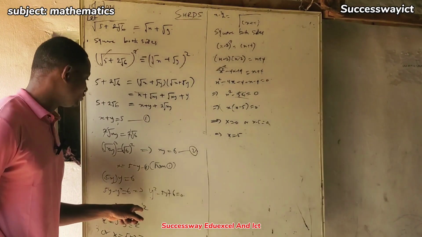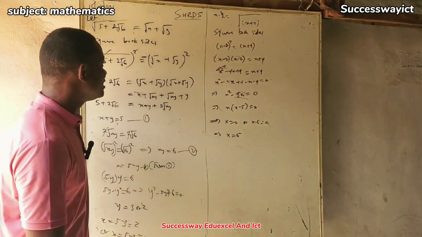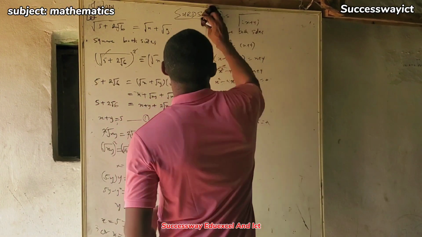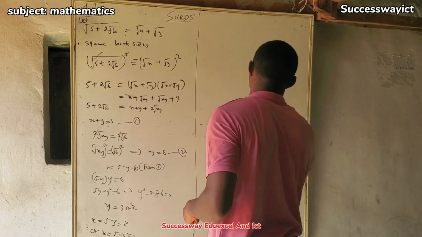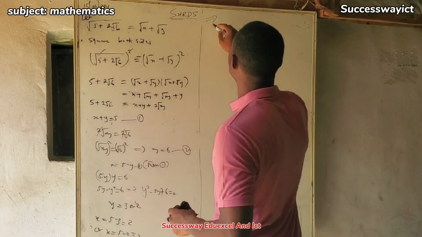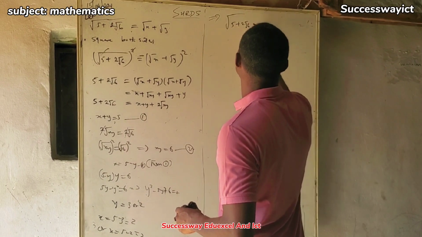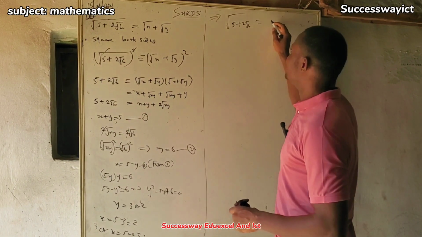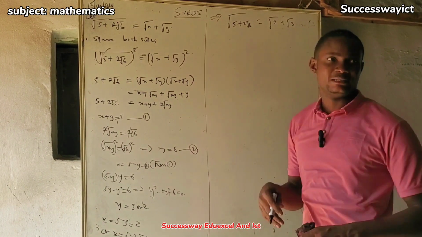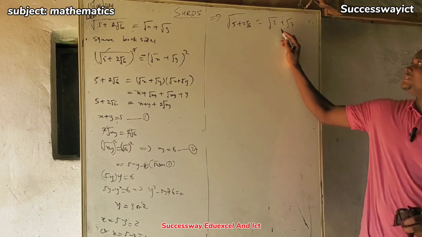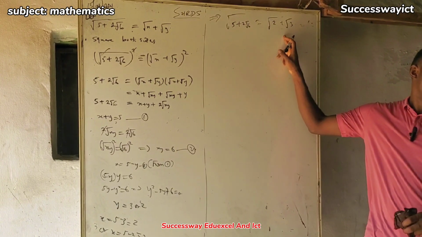So my y is equal to 2 or 3, and my x is equal to what? 2 or 3. So this implies that the square root of 5 plus 2 root 6 is equal to root of 2 plus root of 3. Are we together? So this is how you simplify this kind of surds.